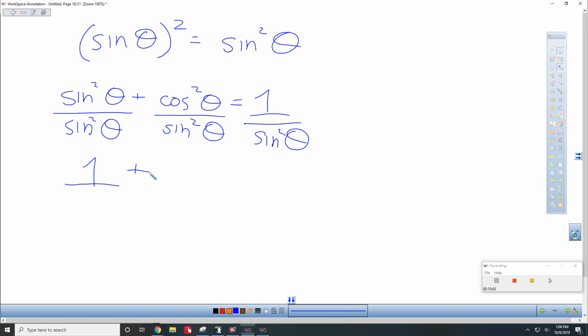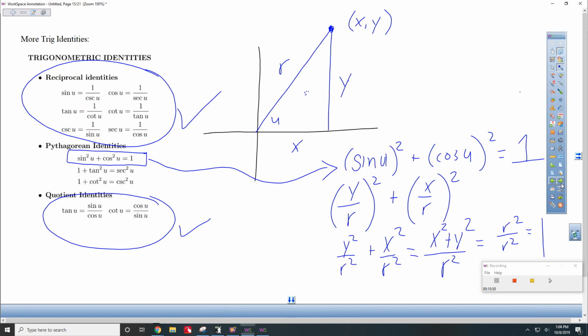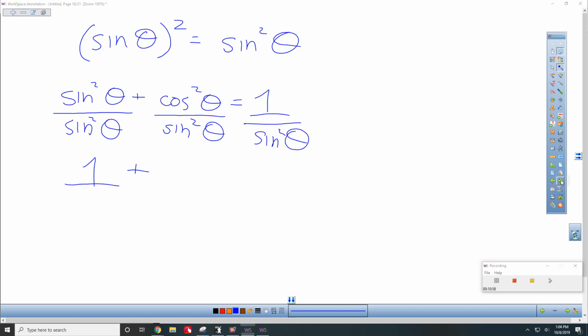Let's go back to our trig identities that we just learned. Cosine over sine, oh, that's cotangent. Awesome. So, cotangent squared theta. What's 1 divided by sine? That's secant squared of theta.